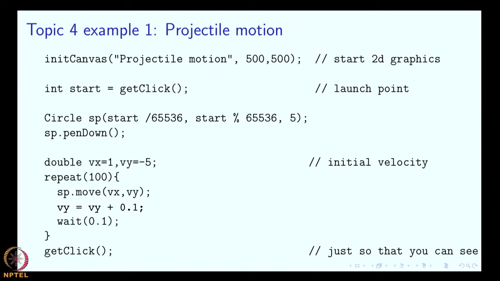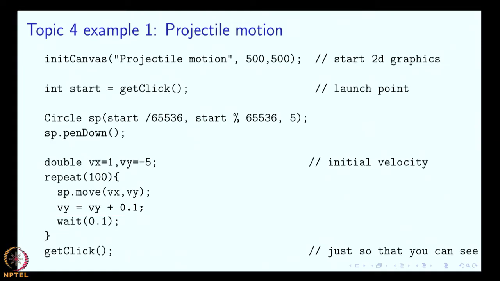Now there is going to be a velocity, x and y velocities, and you are going to move that SP by the x and y velocities, Vx and Vy. But notice that Vy is changing, Vy is increasing, whereas Vx remains the same. That is exactly like how projectiles move.